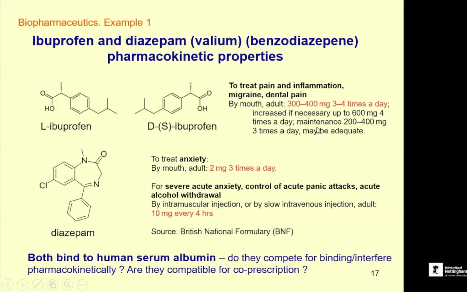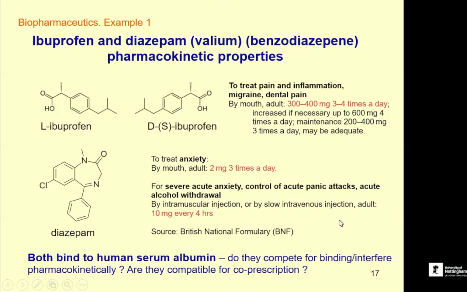So I've just summarised what these 2 drugs are used for, but it's known that both ibuprofen and diazepam could be co-prescribed for individual patients, of course, but it's also known that they both bind to human serum albumin for circulation in the system, and of course that's important for the delivery and the pharmacokinetics of those drugs and how they are going to work in the patient over time.